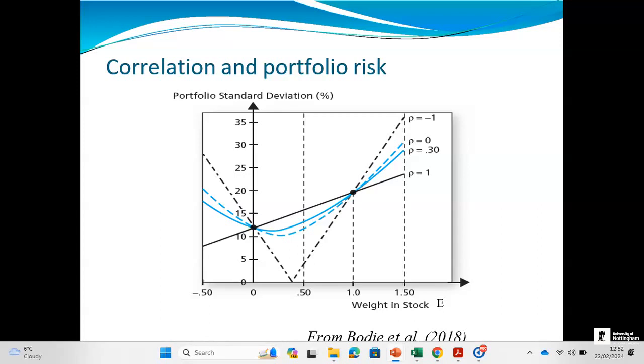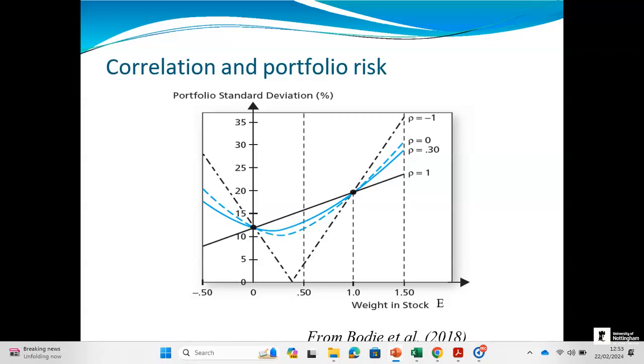But the risk reduction will depend upon the correlation between these two assets. So these light blue lines show the effect of diversification when you have different correlation.